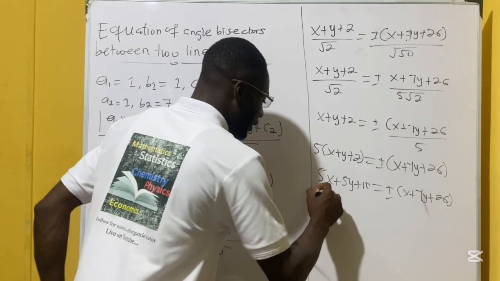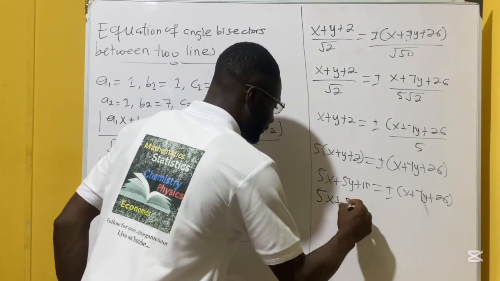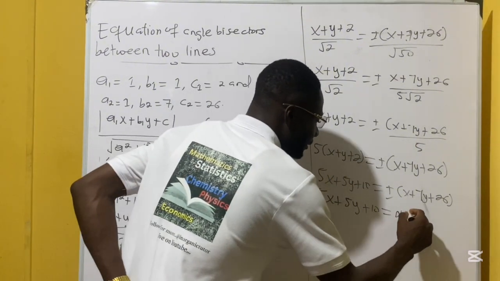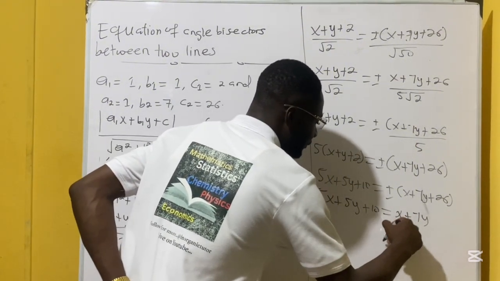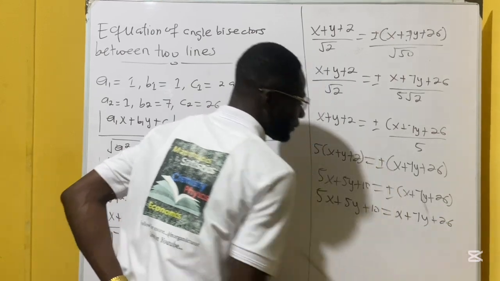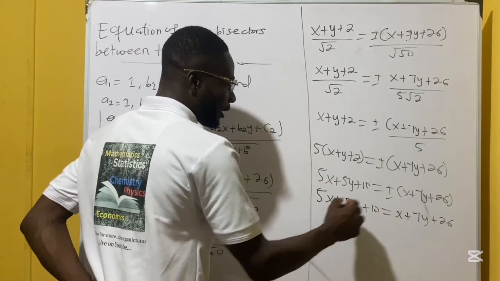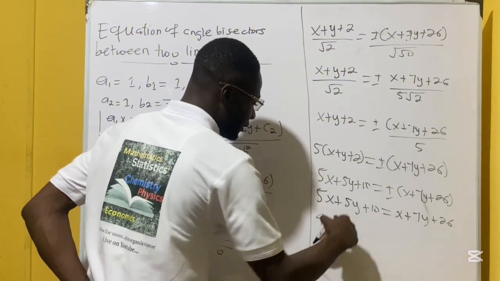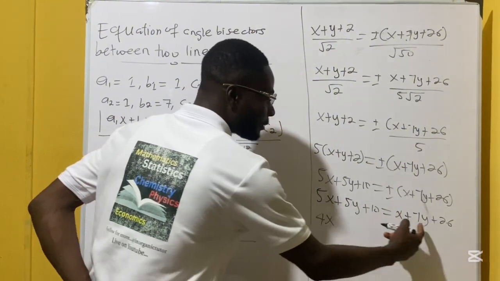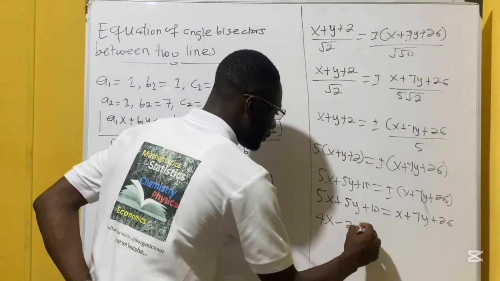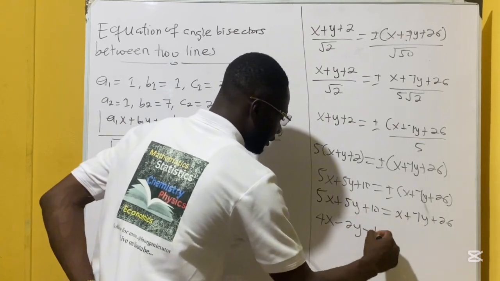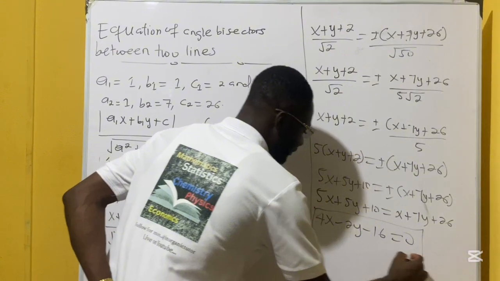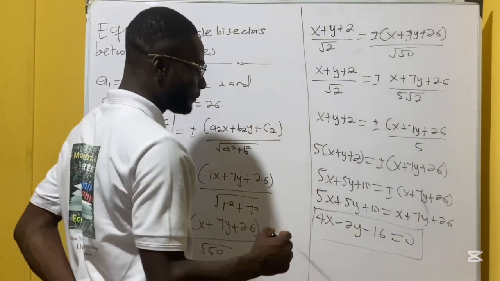So we have 5x plus 5y plus 10 equals x plus 7y plus 26. That is the positive aspect. So we have 4x minus 2y minus 16 equals 0. This is the first equation.